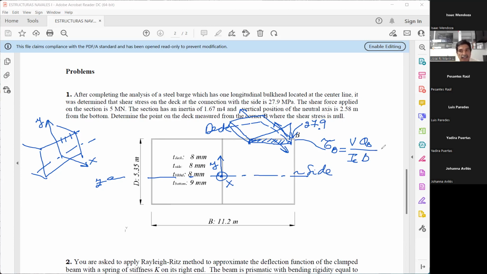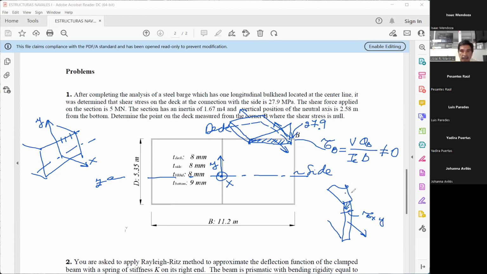But please, this is not equal to 0, because this is the beginning of my sector. This is a flat bar, and I say, I'm going to start here. This is my sector, and here is the value that I calculate.